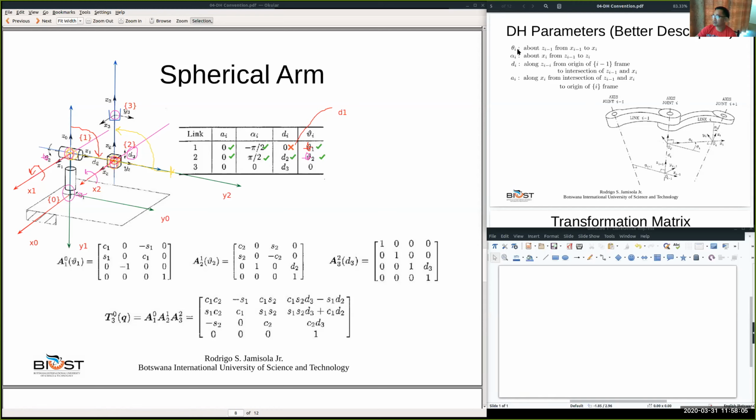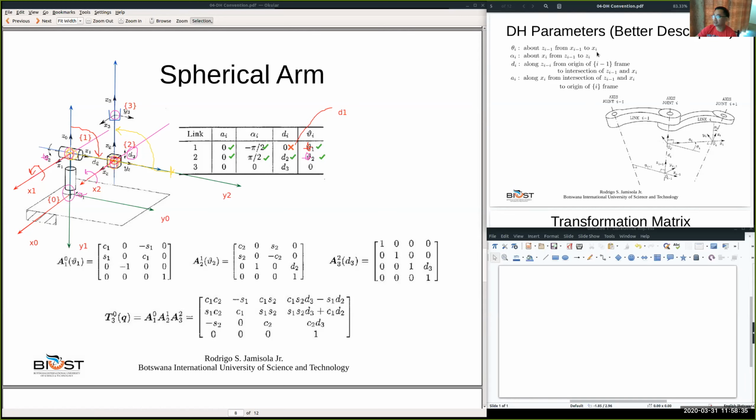Let's look at theta 3. D3 is the one that is a variable, so this one moves up and down like that. Now theta 3, about Z2. Z2 is where you are moving from X2 to X3.